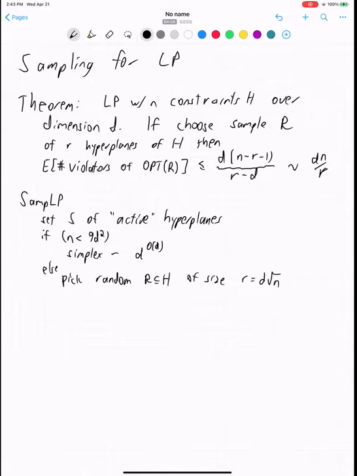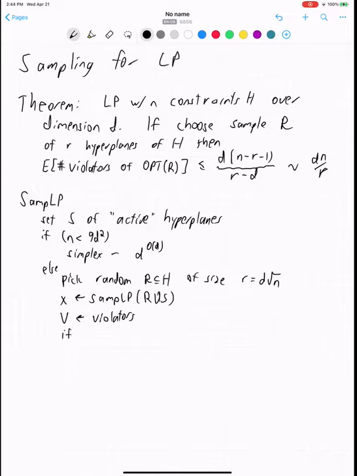Okay. And then we would recursively find the optimum of R. But we'd also include all of the active hyperplanes. Okay. And then we would let V be the violating hyperplanes.